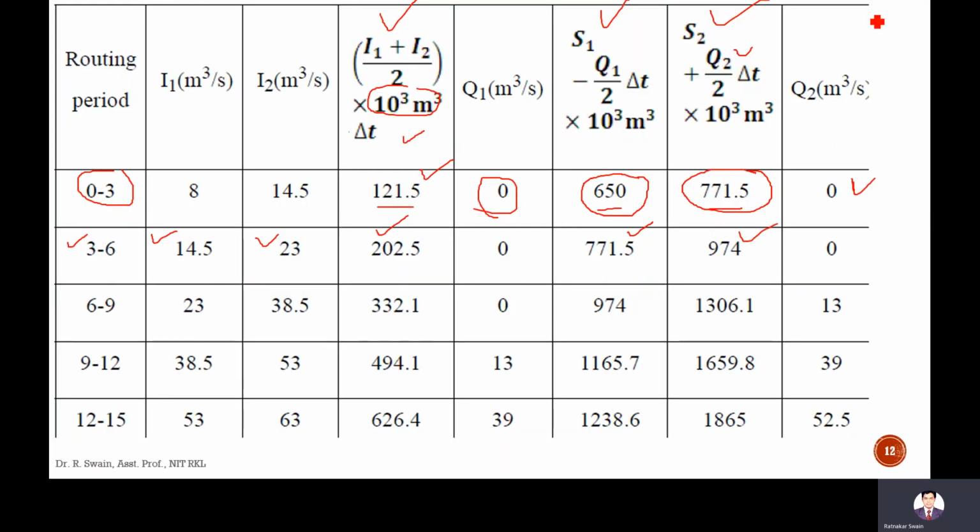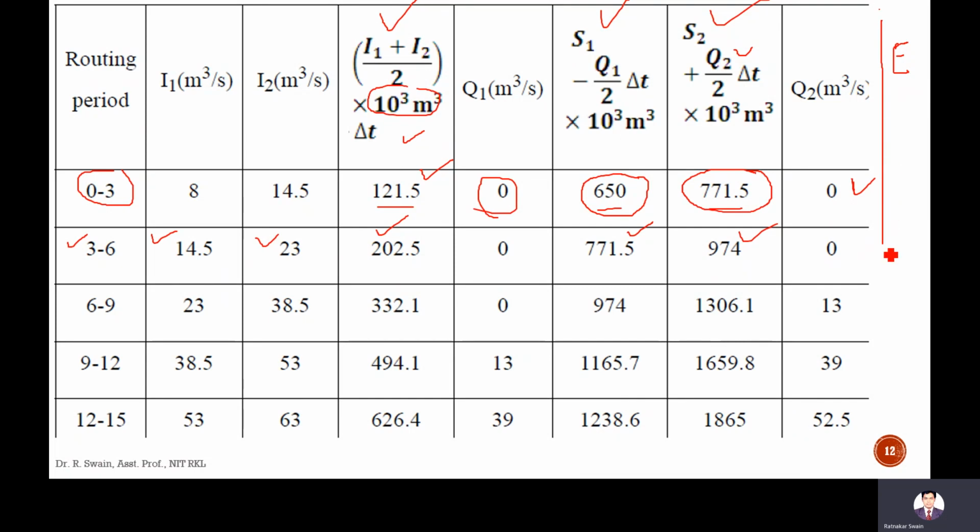So we can make another column for elevation. It is better to write the elevation, because everything is linked to the elevation: the S, Q, and the S plus Q by 2 delta T, everything is linked to the elevation.